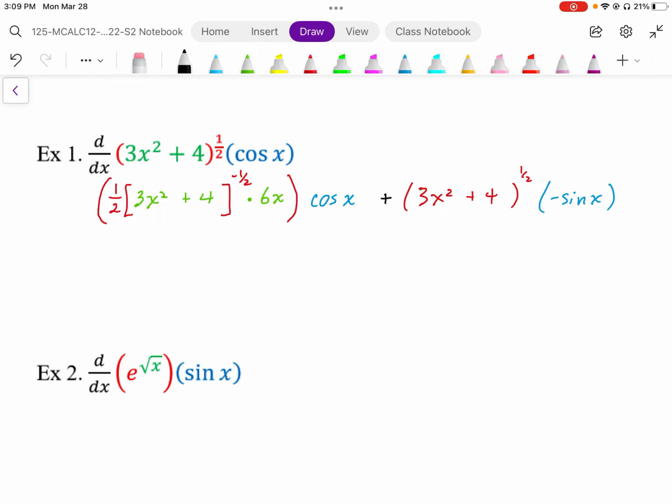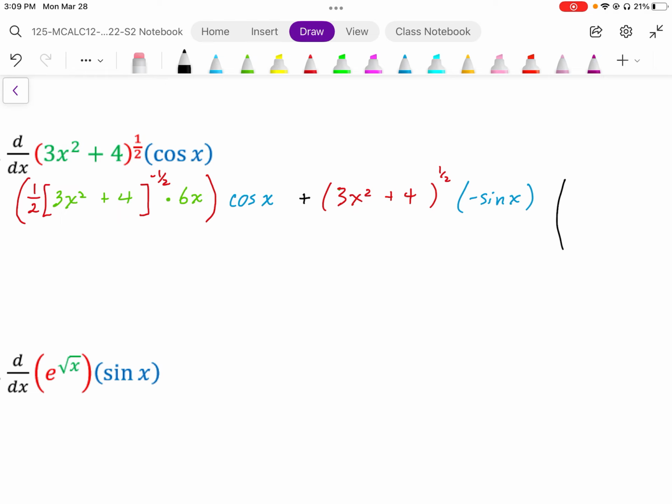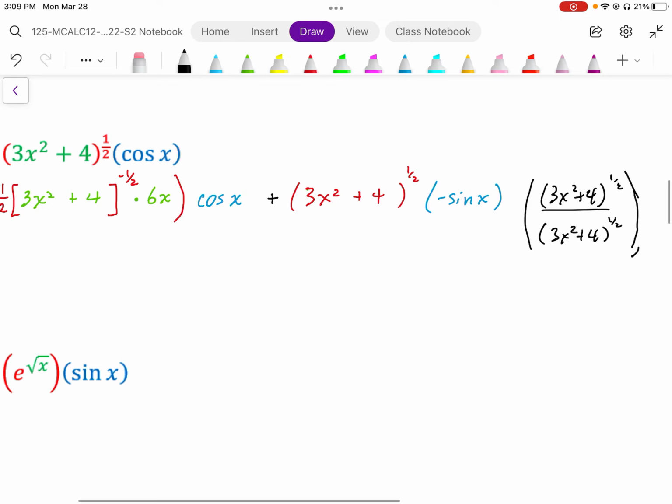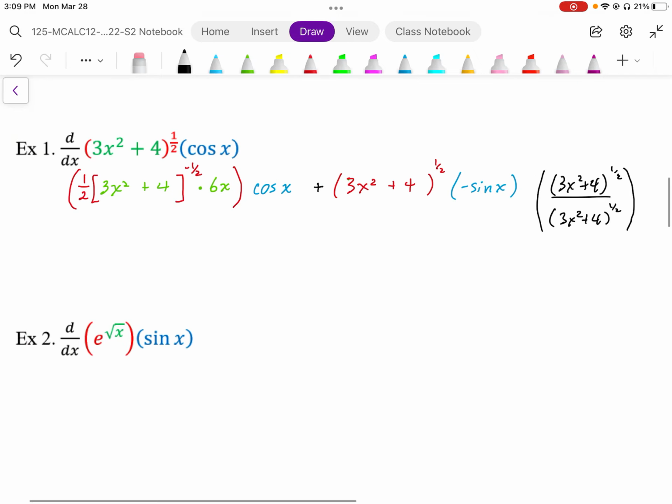So I'm going to multiply everything by power 1/2 on top and bottom. So I'm going to be doing this. It's going to look like this: (3x squared plus 4) to the 1/2 on top and bottom. Okay, so multiplying the top and bottom, we can simplify some of these expressions here.